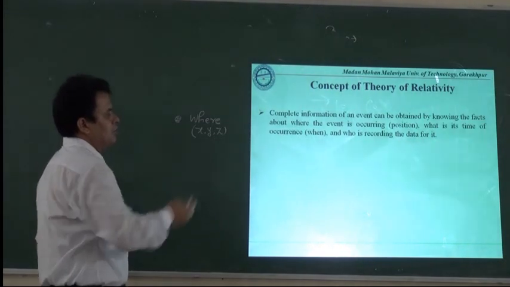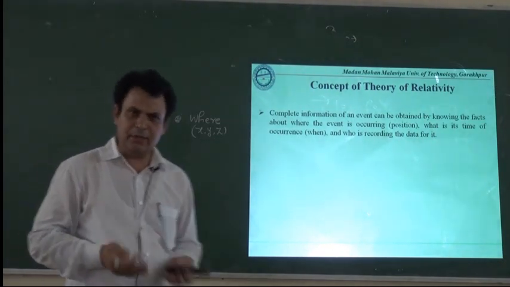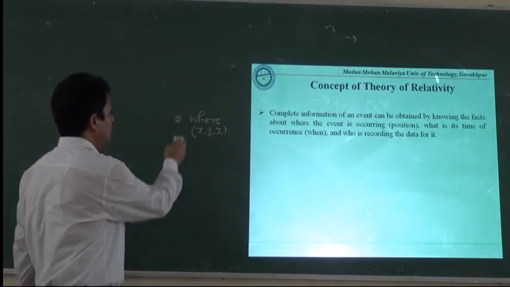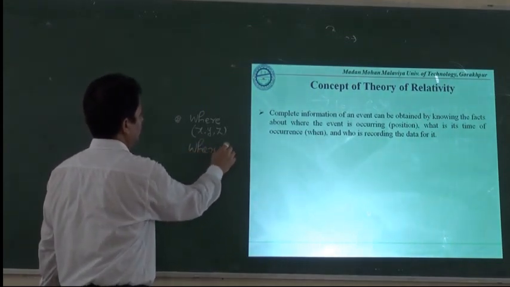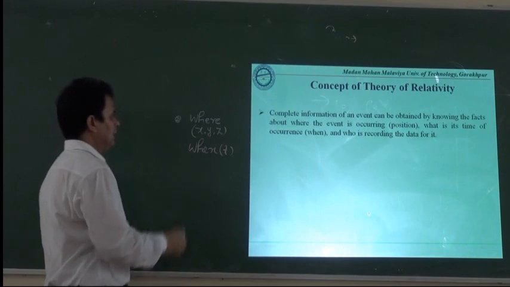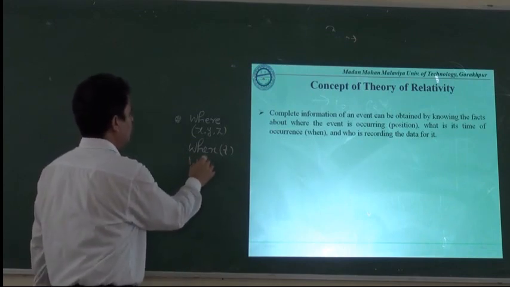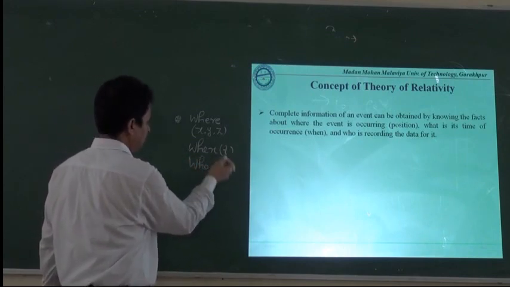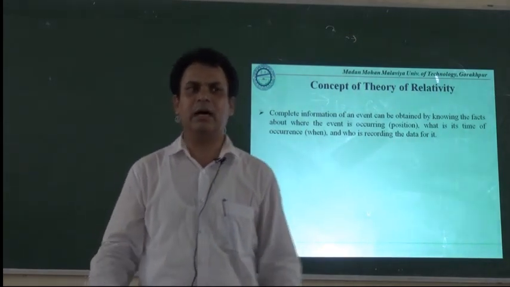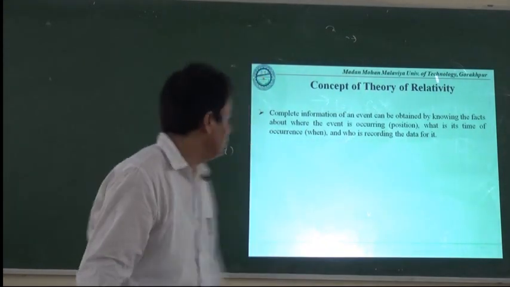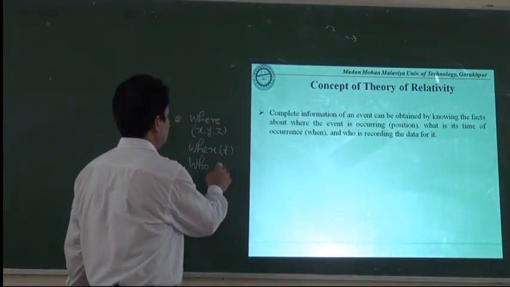The next question will be when the event is occurring, that is, the time of occurrence. And the next point will be who is observing that particular event, that is, who is recording the data for that event. That will be the observer.